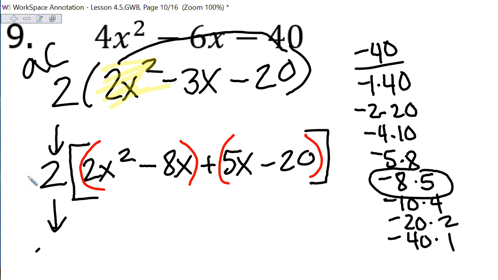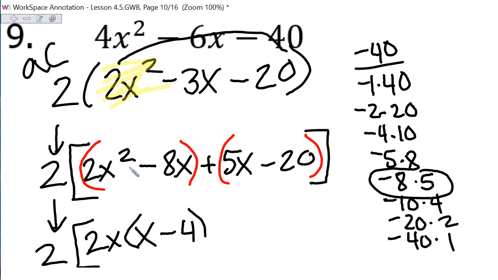Drop down the GCF. And looking at the first group, what's the GCF for this first group? 2x. What goes in the parentheses? X minus 4. For the second group, what's the GCF? 5, and if the first one is positive, it's going to be a positive 5. What goes in the parentheses?